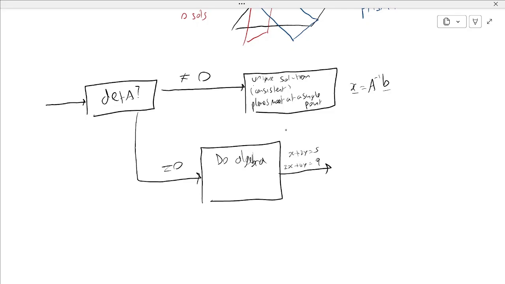They're two parallel lines that don't meet. So this is going to be, I'll do it in a box to match it, inconsistent, no solution, and I will say that the planes form a prism.